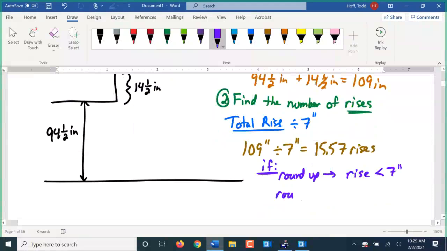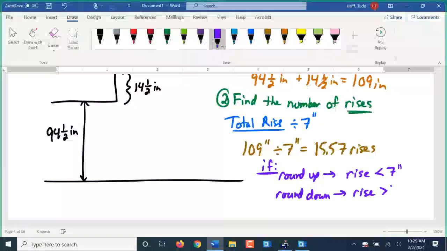If we round down, that'll be fewer rises, so each rise will get larger. The unit rise would be more than 7 inches. Typically, we prefer to keep it under 7 inches, so we'll make it slightly smaller. So we are going to round up on this.